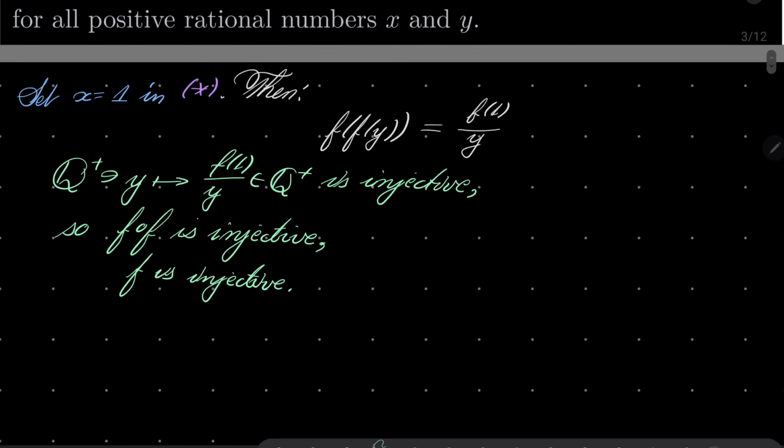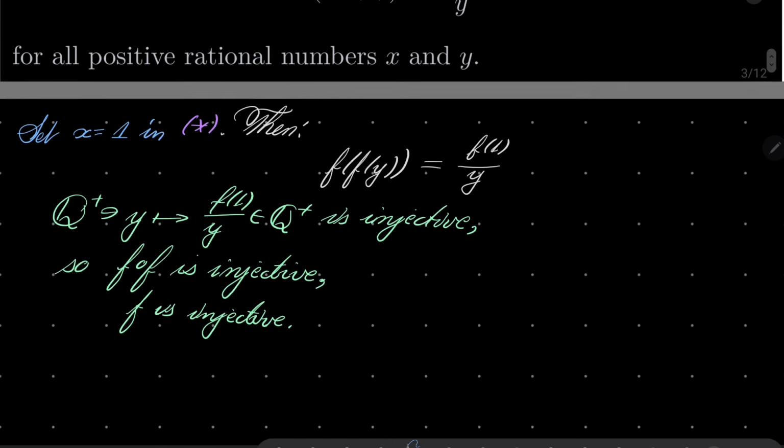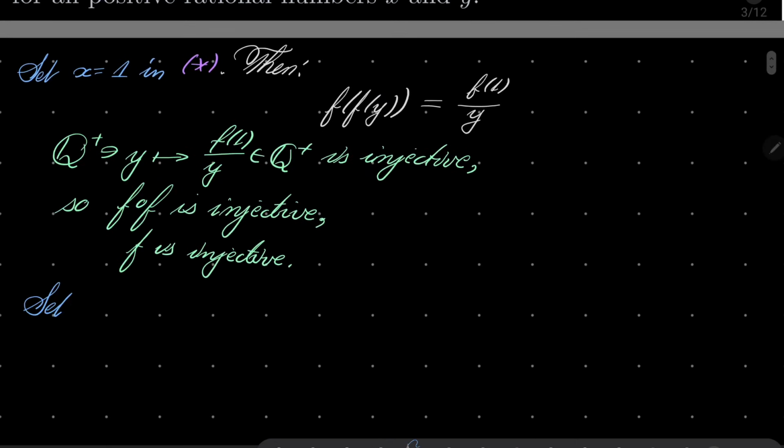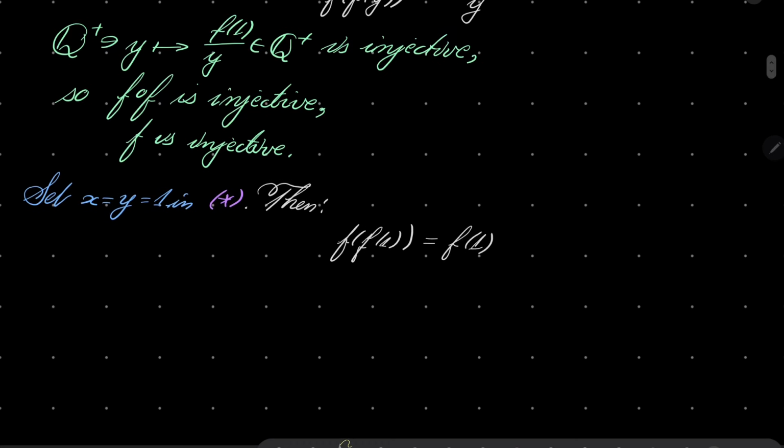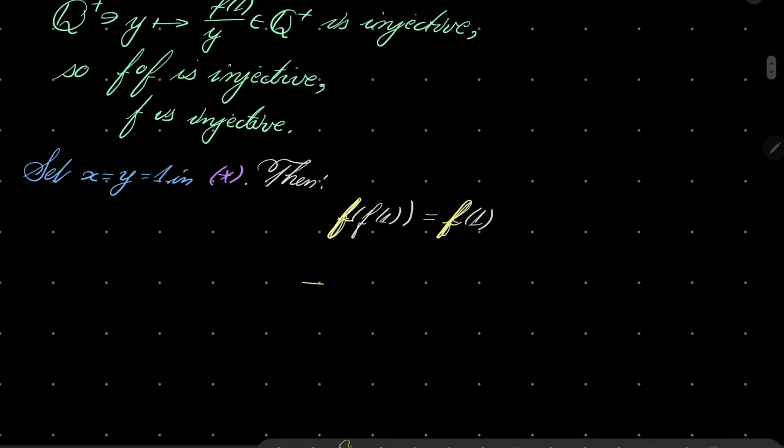All right. Now let's set both x and y to be 1 in our equation asterisk. Then we have the following: f of 1 equals f of 1, and using the fact that our function is injective, we can cancel this outer occurrence of our function, which means that f of 1 equals 1 by injectivity.